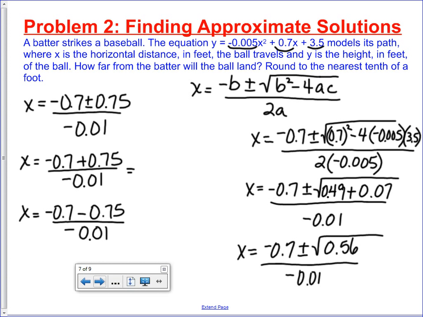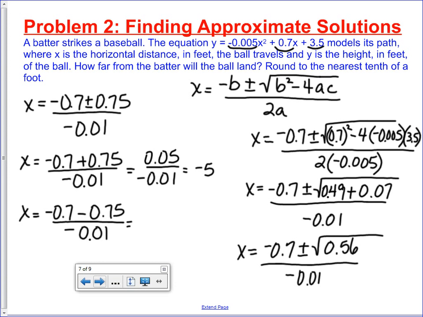All right, in the numerator, negative 7/10 plus 75/100 would be a positive 5/100, divided by a negative 100, would be negative 5. Okay?